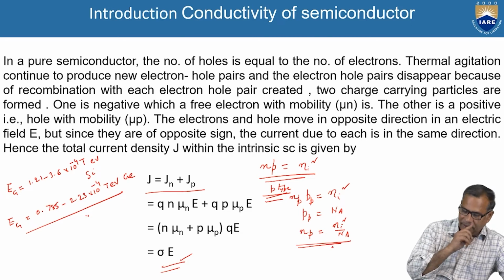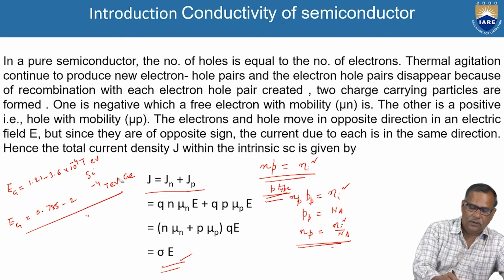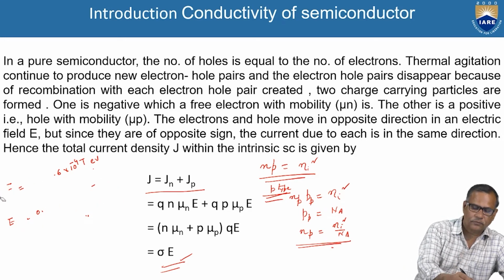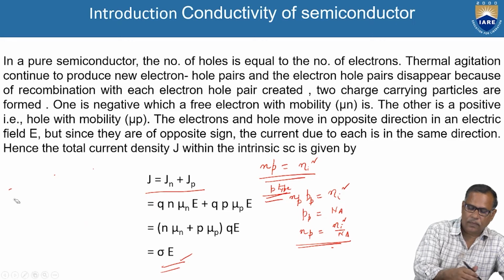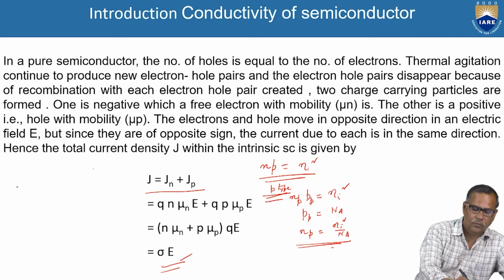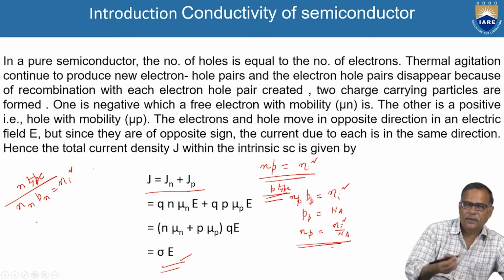Now similarly for N-type, we write like this: nn pn is equal to ni square. So what is nn?